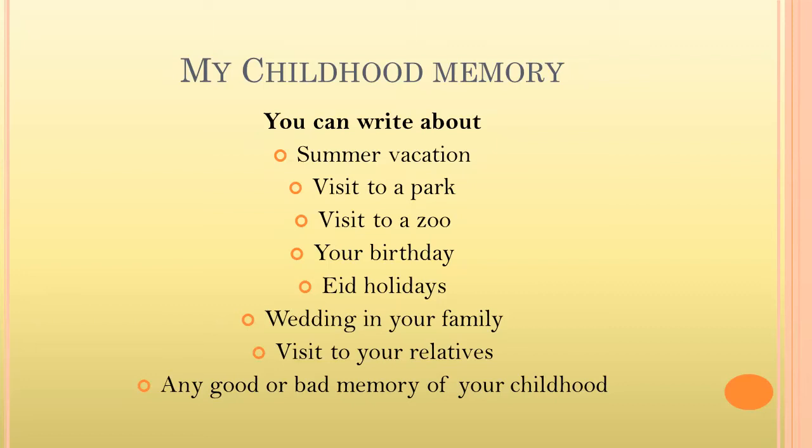To write about a childhood memory, you can write about your summer vacation, a visit to any park, a visit to a zoo, your birthday that you remember the most, your Eid holidays, or any wedding in your family, any visit to your relatives, or any good or bad memory from your childhood that you remember the most. So you can write about any memory.